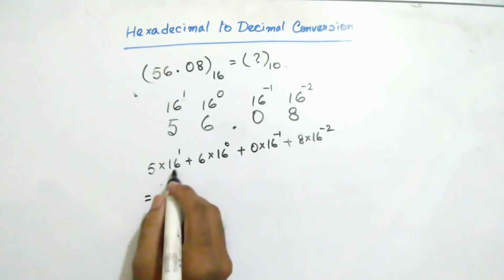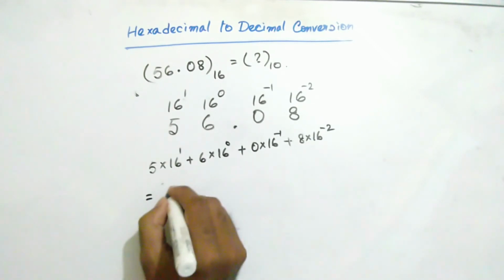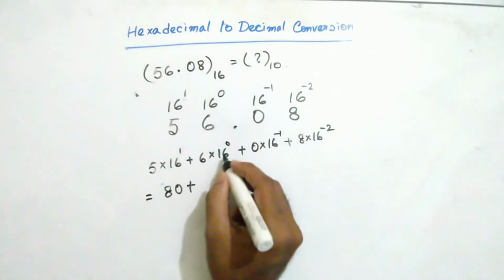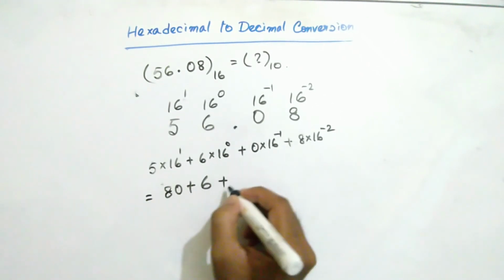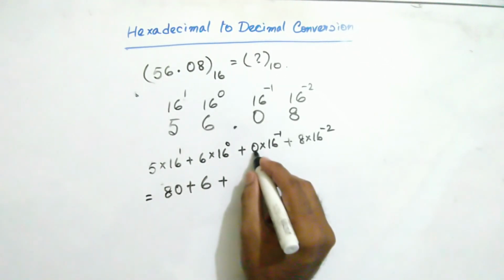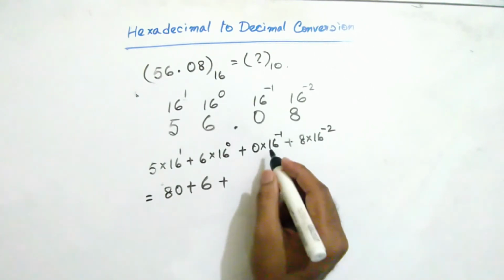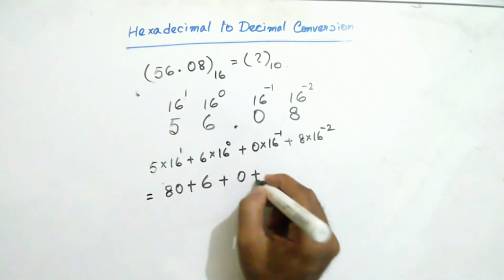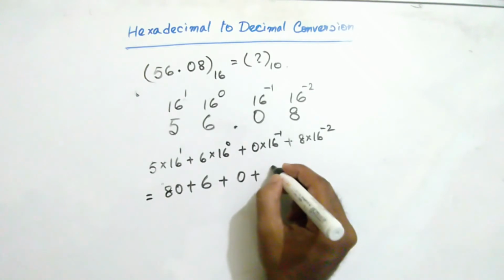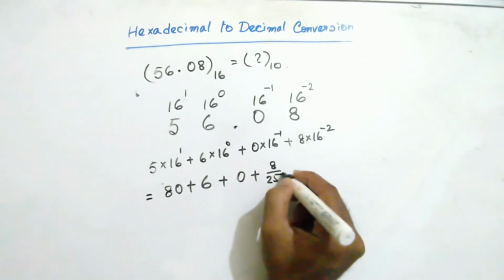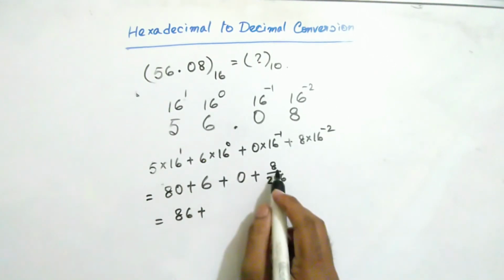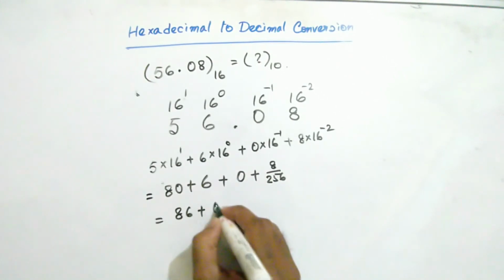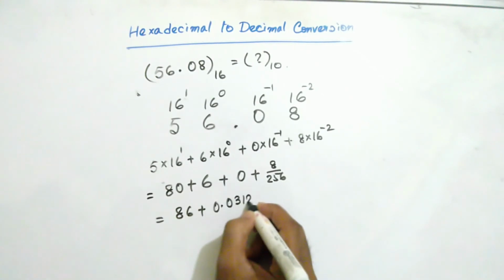So 16 raised to the power 1 means 16, and 5 into 16 means 80. Anything to the power 0 means 1, 6 into 1 is 6. Here 0 is getting multiplied with 16 to the power 1, so the result is also 0. And here we have 8 by 256. So 80 plus 6 means 86, and 8 by 256 means 0.03125.